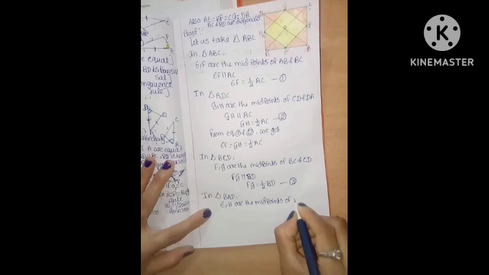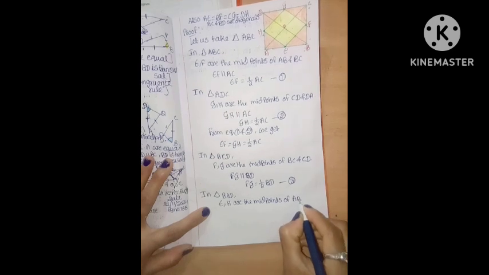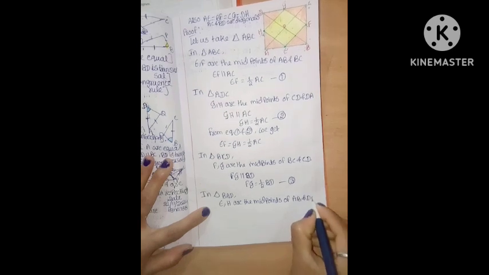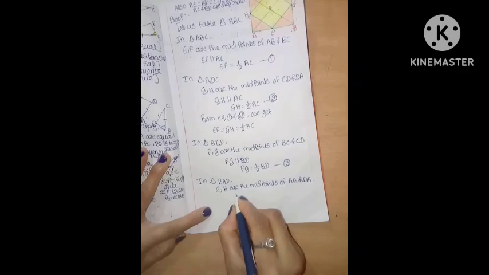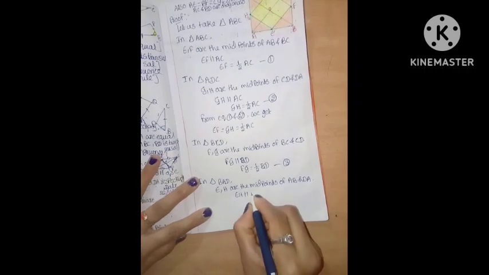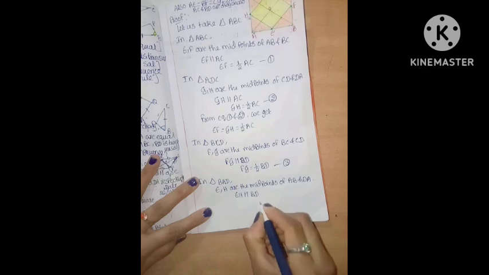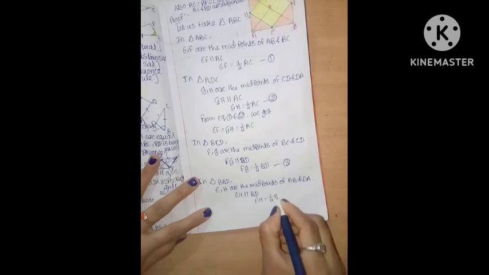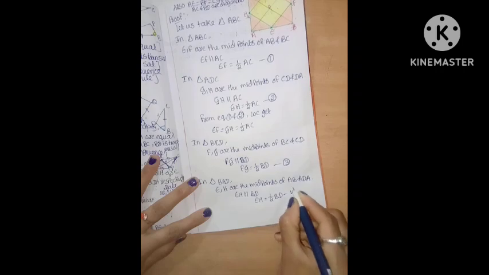What are the sides? AB and DA respectively. So EH is parallel to BD, and EH is equal to half of BD. This is equation number 4.